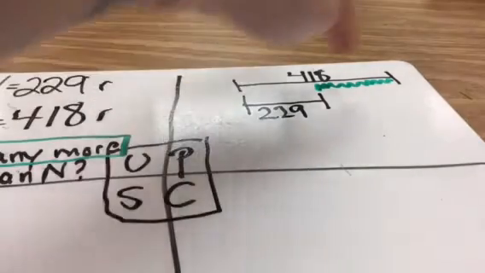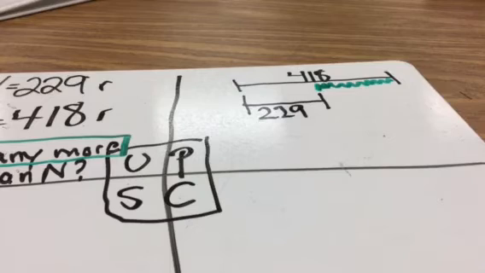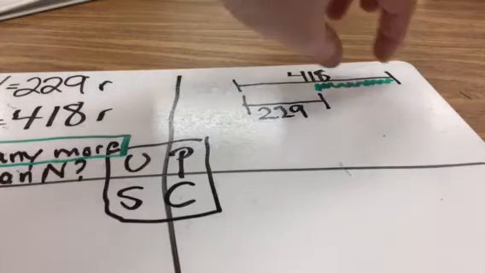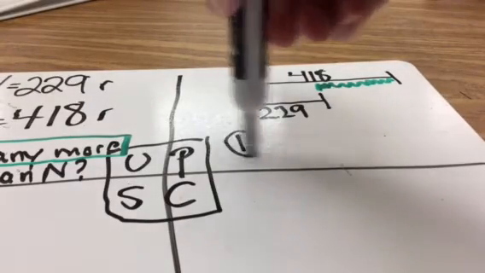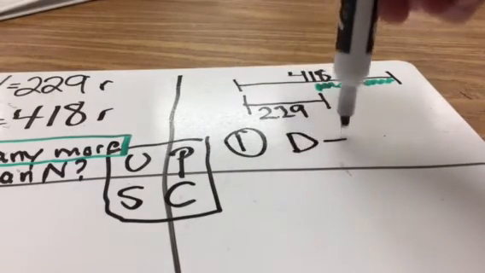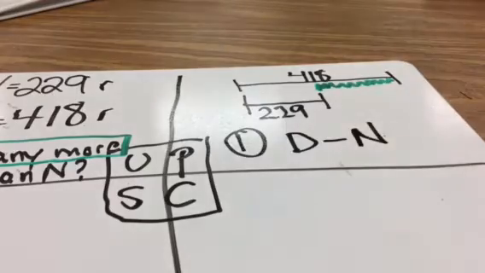And you could do 229 plus something equals 418, but that's not going to be very easy to figure out. So subtraction is your shortcut for that because you're trying to find this unknown part, that extra piece that Devin has. So our plan is going to be to do Devin minus Natalia.